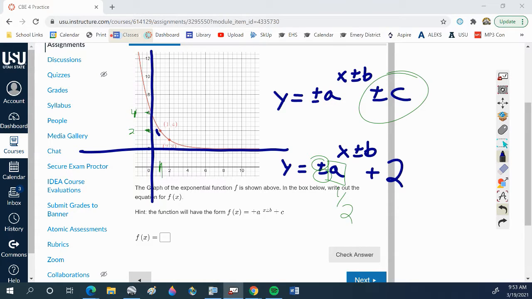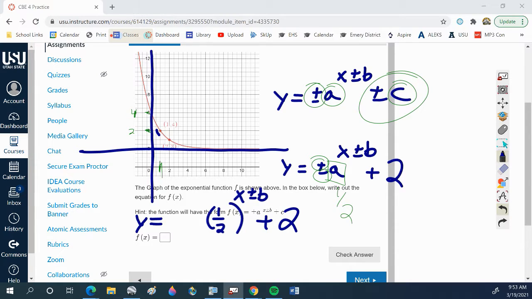Okay, so I have just figured out a whole bunch of things. I figured out C, I figured out A, I figured out the plus or minus. So I now know that y is equal to positive, and really it's a 1, times 1/2, but we don't need that, right? So 1/2 to the x plus or minus b plus 2.